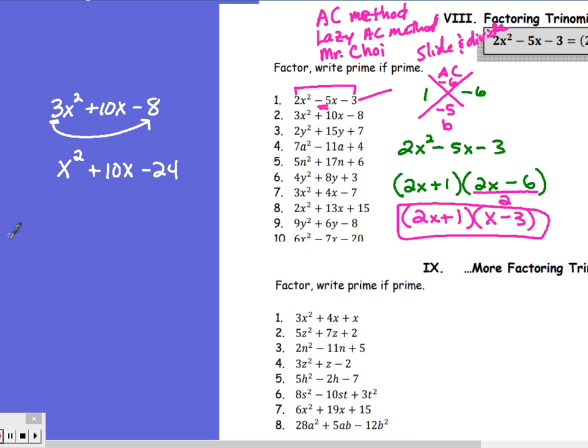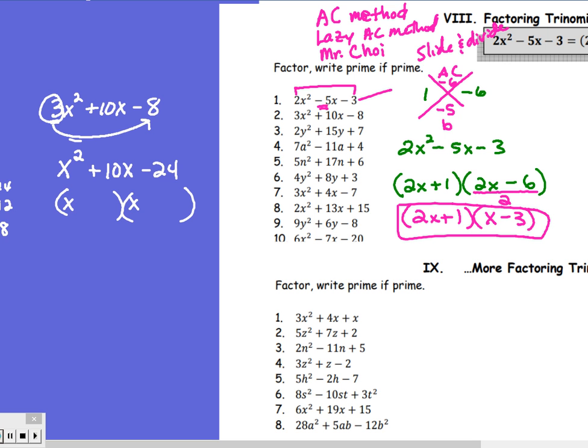So we took that 3, we moved it over here, we made it there. Now, I cannot write equals here because these are not equal. This is just a middle step to help me find some stuff I need. Okay, so x times x. Now I want to say, what times what is 24 that adds to 10? 1 and 24. 2 and 12. 3 and 8.